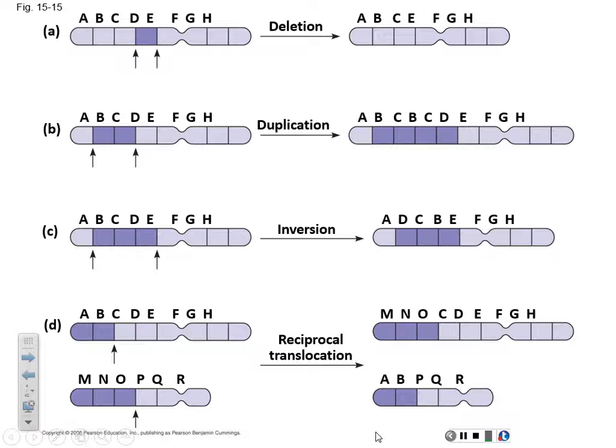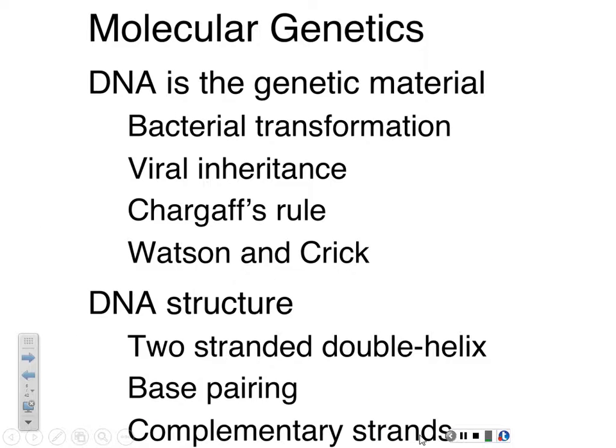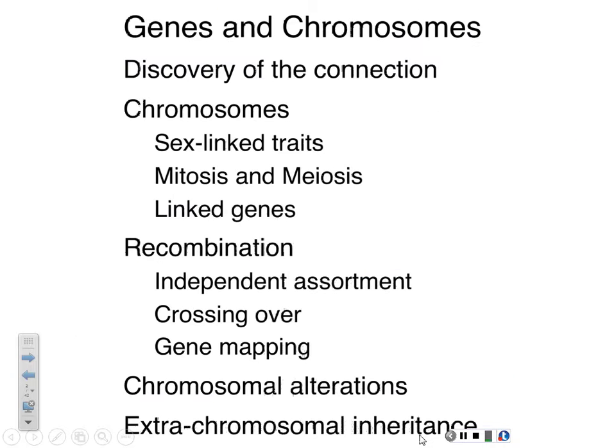So, chromosomal alterations, that's sort of the whole suite of the ones that you might see. And then I wanted to say also just a few words to you about this idea of extra chromosomal inheritance.